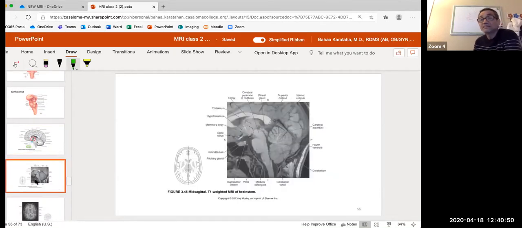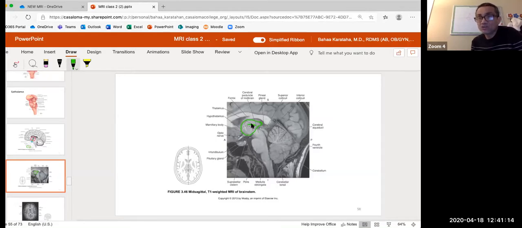So if you go to this mid-sagittal cut, basically what you are seeing is the diencephalon, which is that one. This is the whole entire diencephalon. And of course, specifically, they are showing you the thalamus. As I said, the hypothalamus you cannot recognize anatomically.